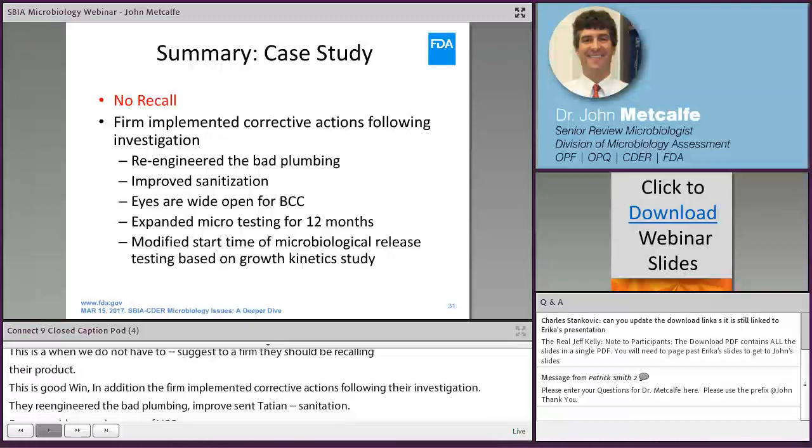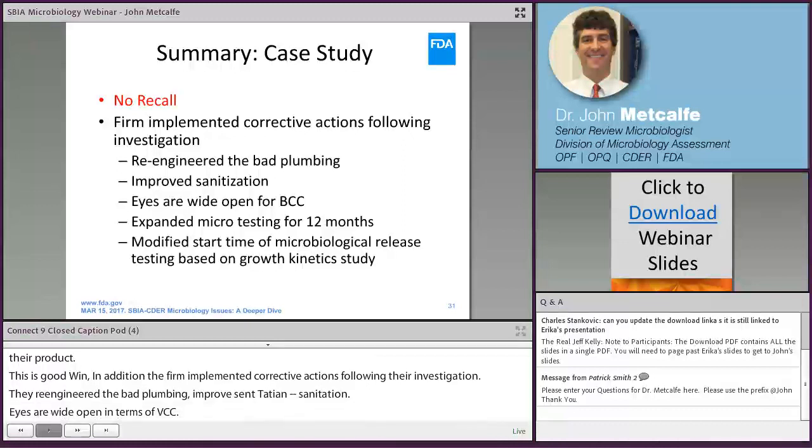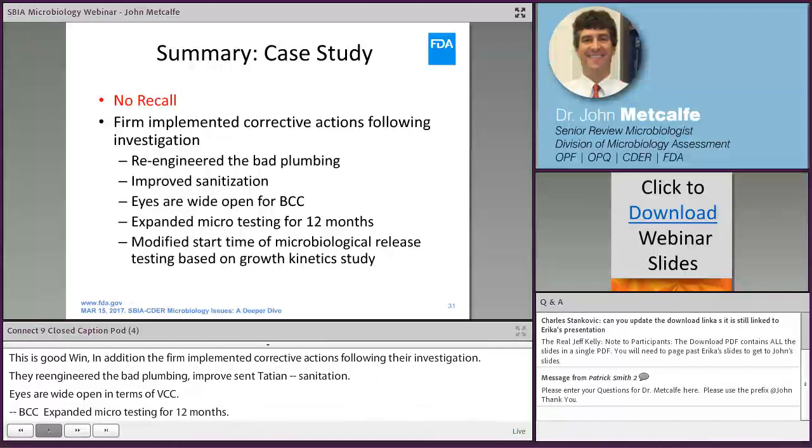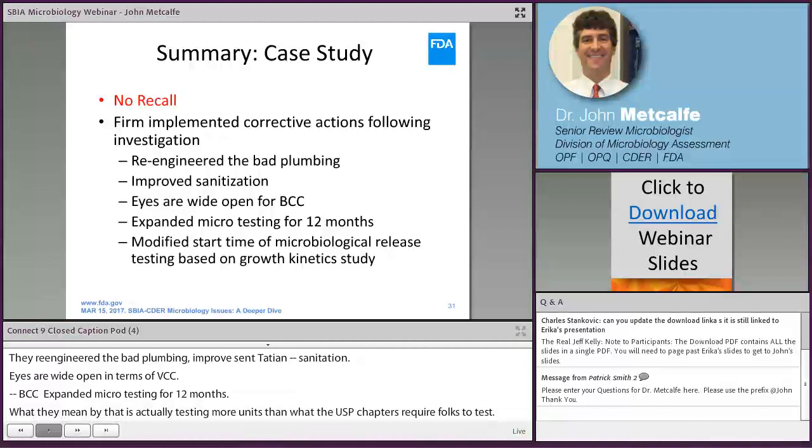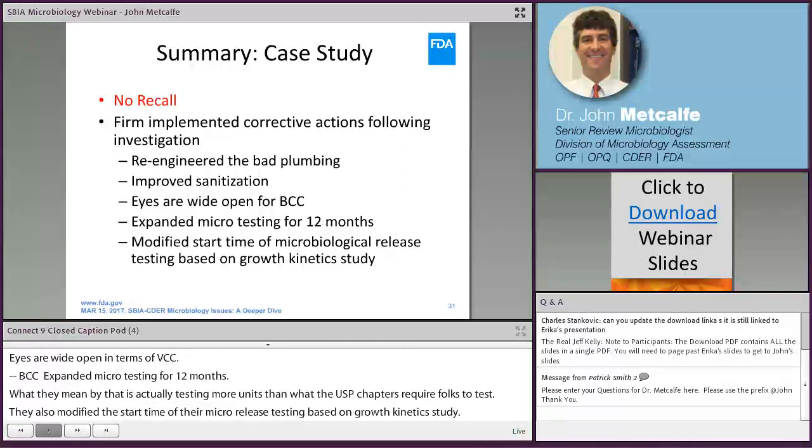Okay, so what they mean by their expanded micro testing, they're actually testing more units than what the USP chapters require folks to test. They also modified the start time of their micro-release testing based on what they found in the growth kinetics study. So if you remember, we saw that when you put the organism into the product, at initial time the organisms go down in numbers, only to come back up.